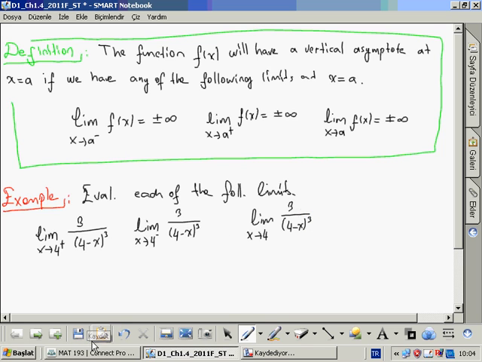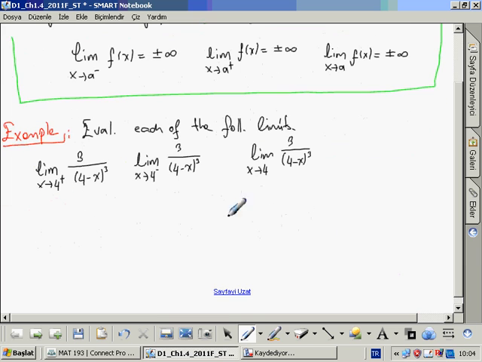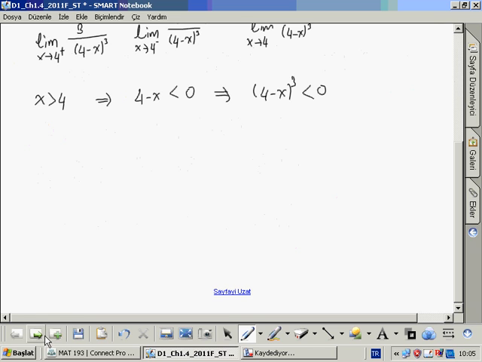And let's start with the right hand limit, okay? For this limit we have x over 4 because of the right hand side limit, and so 4 minus x is less than 0, so (4 minus x) cubed will be less than 0.